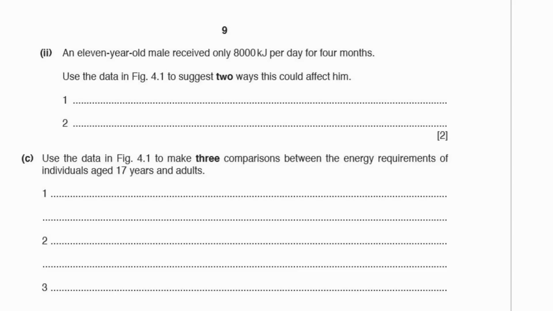They can lose weight and become tired, fatigued. Other things you could say is that normal growth would be reduced, so they might not grow as much as they should, and they can be more susceptible to infections because the energy input is too low and it's below what they need.